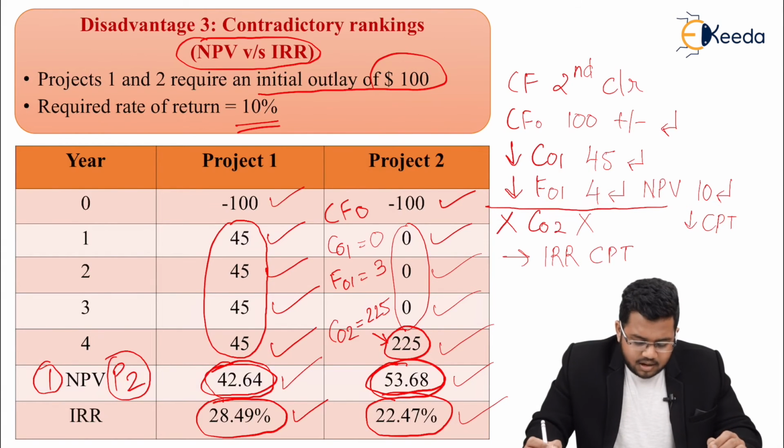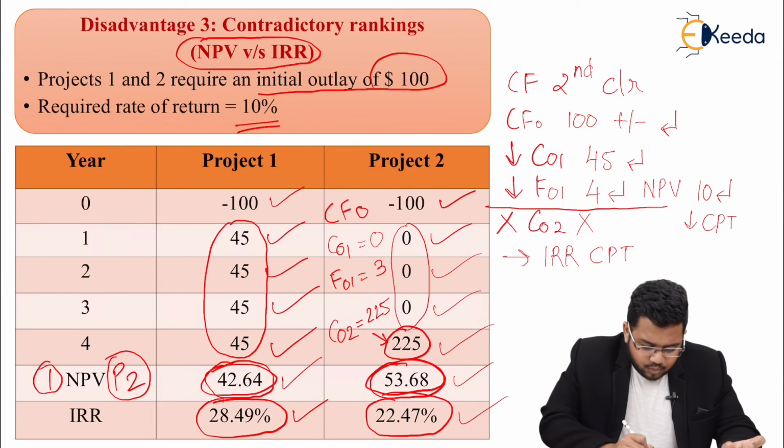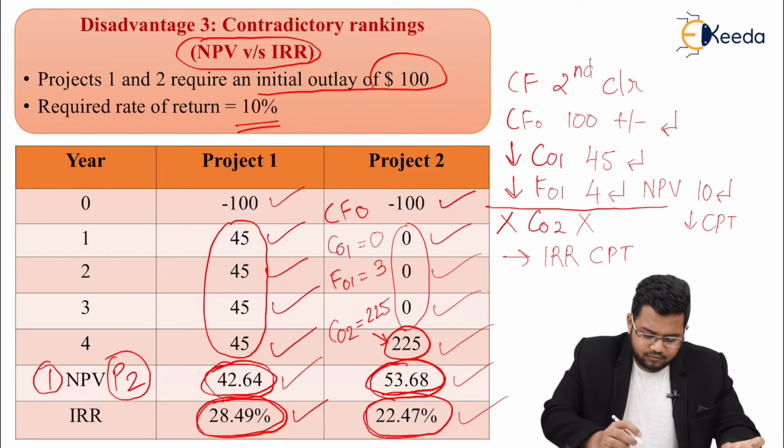What about the IRR method? If you remember, how do we conclude our decision for the IRR method? If IRR is more than my required rate of return, which is 10% in this case, I can accept the project. But again, if the projects are mutually exclusive, we take the one with the highest IRR. In this case, project 1 has 28.49 IRR and project 2 has only 22.47.